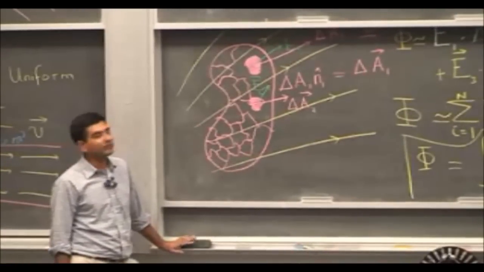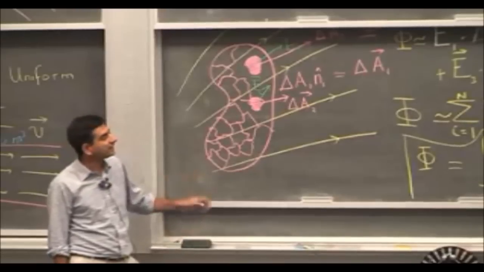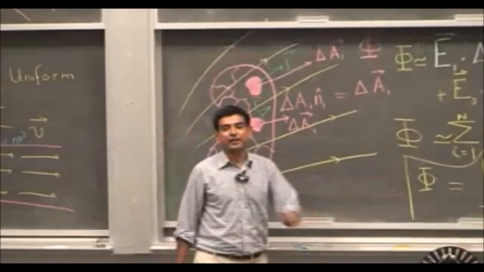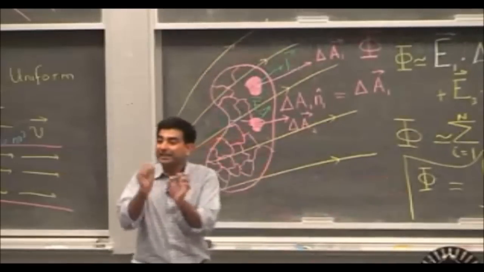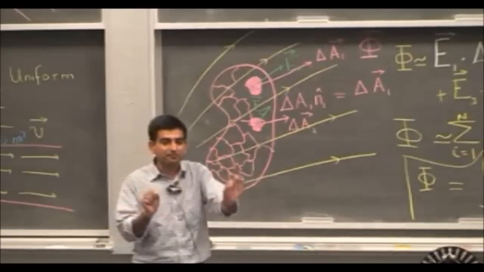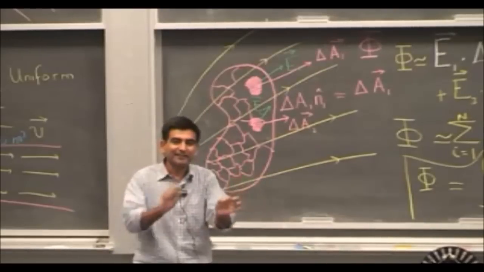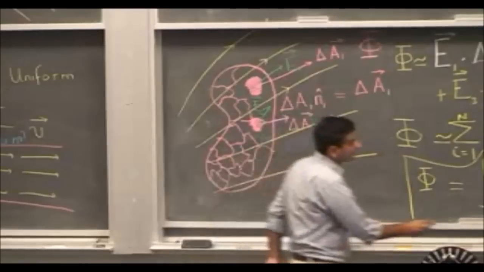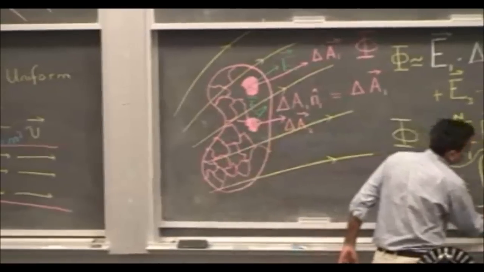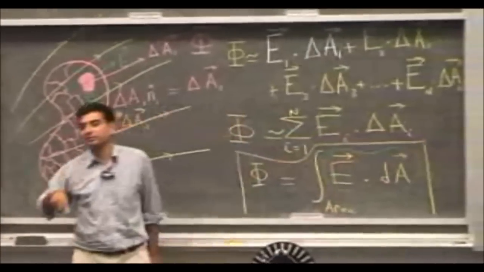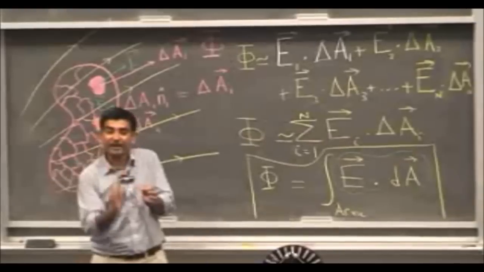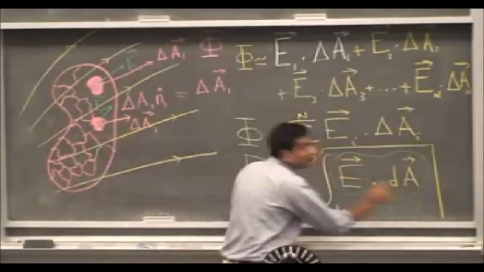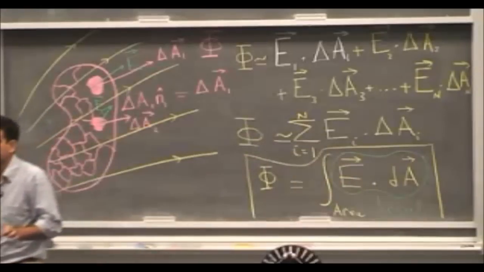We have to integrate over the entire area. So let's look at some practical problems in which we need to define the limits. So this is a really general result. You take the electric field at any point, take its dot product with the area vector at that point. So remember, pay close attention to this. This is a local dot product. Local means it's defined at a point. This is something local that may change from point to point in space.